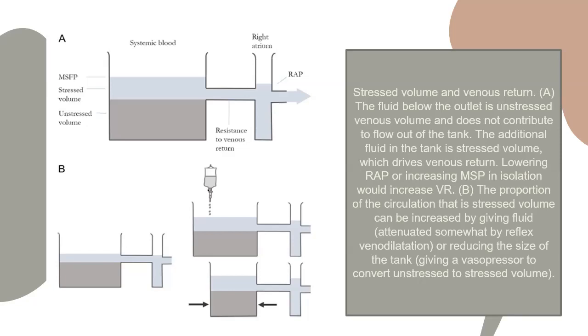Another way is to use inotropes to vasoconstrict the vessels. This pushes the unstressed volume to become stressed volume and achieves the same effect. So this is the basis of fluid boluses. Why do we give fluid boluses? Now comes the dilemma of whether I can give it to the patient without harming the patient.